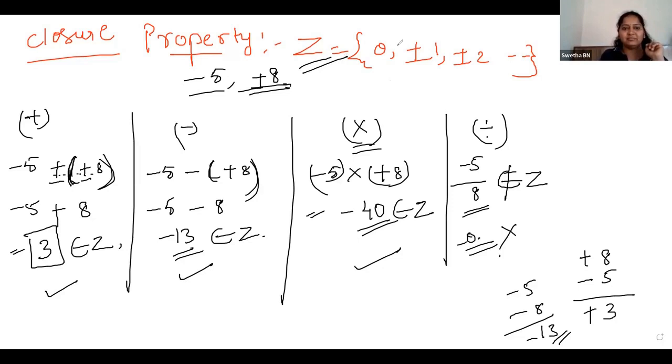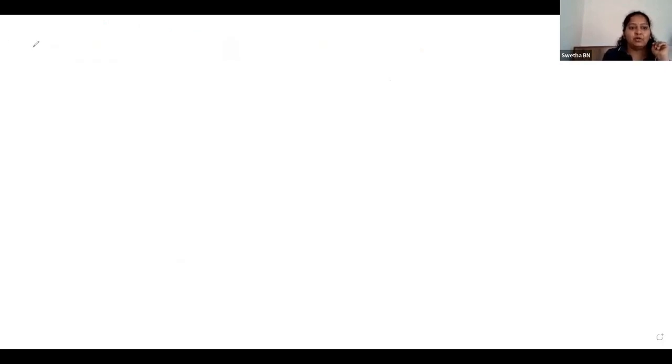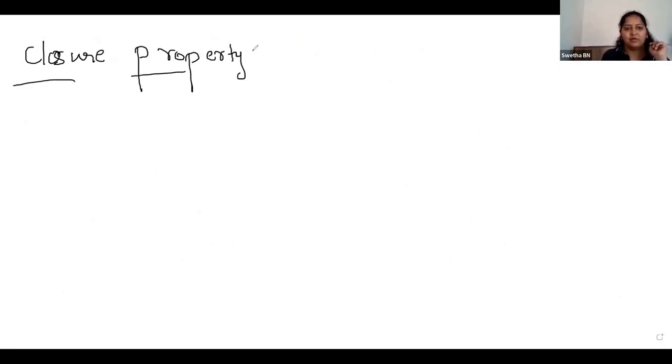Got it? Okay. Next we'll go for the closure property for rational numbers. Okay, so you know what rational numbers are, and you know one thing, children. See, rational numbers contain all the types of numbers.